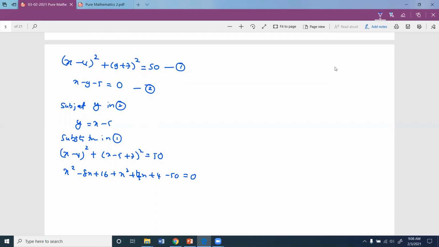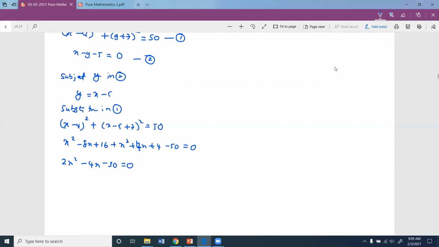Then we'll simplify this. You can say 2x² - 4x, 16 plus 4 is 20, 20 minus 50 is -30, equals 0. You can solve this using x = (-b ± √(b² - 4ac)) / 2a, where a is 2 and c is -30, divided by 2 times 2.